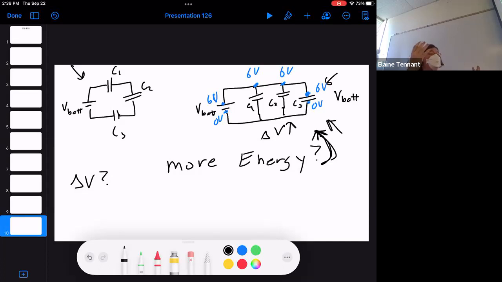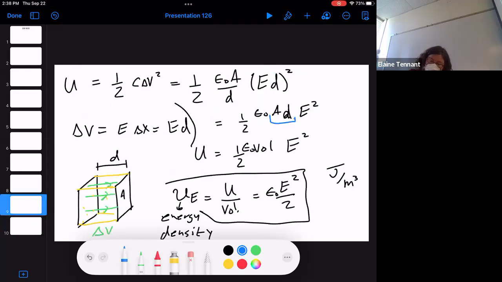And if you want to think about that in terms of electric fields, all of these capacitors, like capacitor 1, have the same distance between the plates, right? So that means the electric fields they're putting out depend on the voltage between the plates and the distance between the plates.